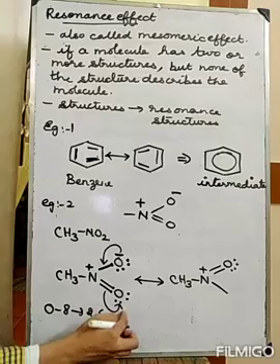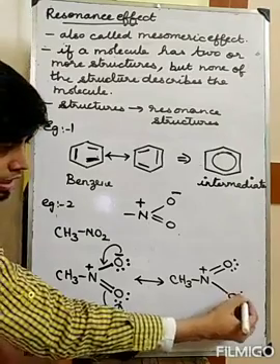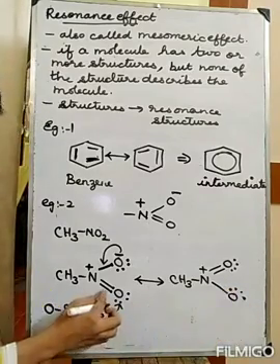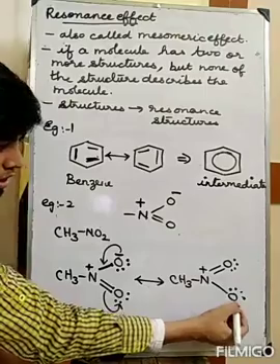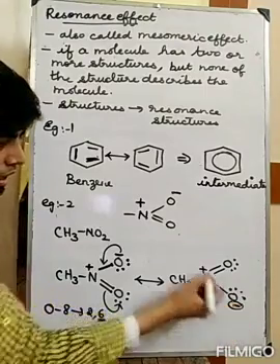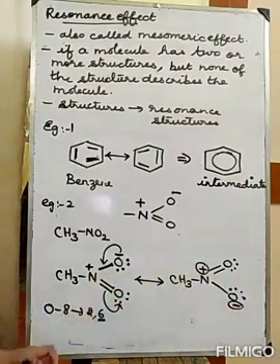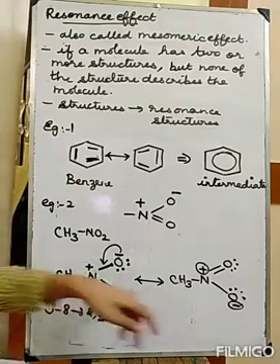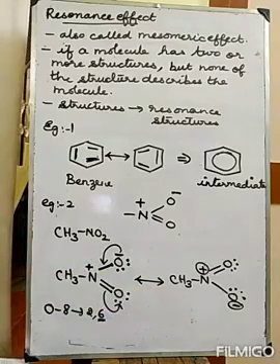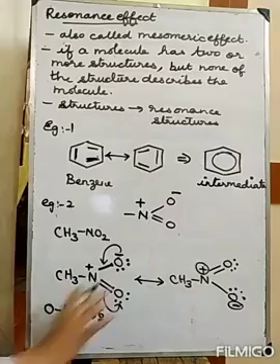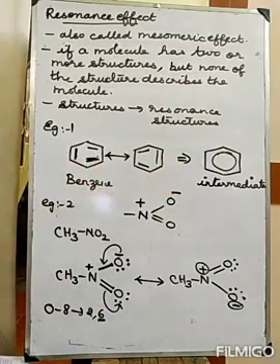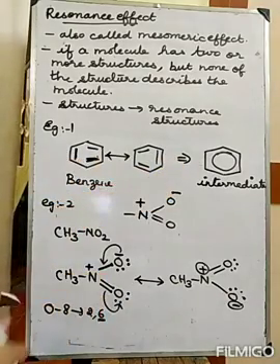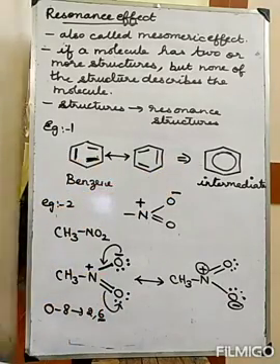This negative charge has come here, so already this oxygen is having 4 electrons. Now this bond also is coming here, so this will be having negative charge. So these two are the resonance structures of this nitro group. So this is the resonance structure of benzene. This is the resonance structure of the nitro group.